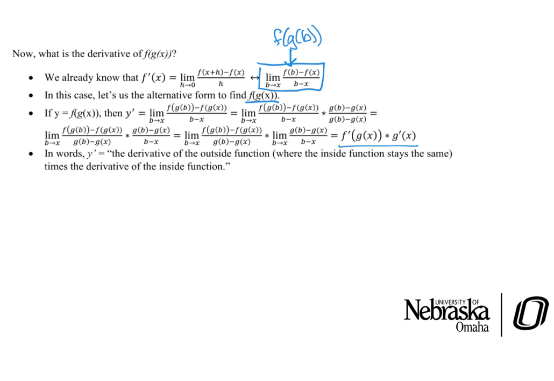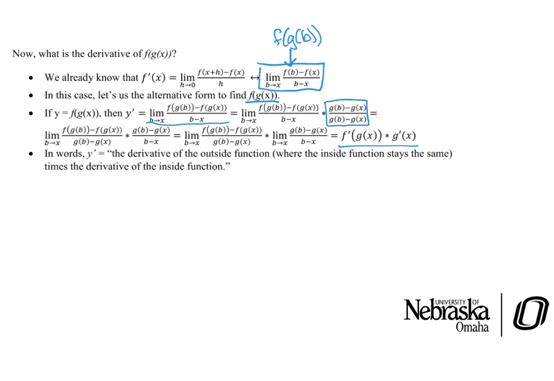Okay, so looking at this point, they're simplifying it a little bit by multiplying by 1. This term is the exact same in the numerator and denominator. So we're basically multiplying top and bottom by 1, right? g of b minus g of x divided by g of b minus g of x.